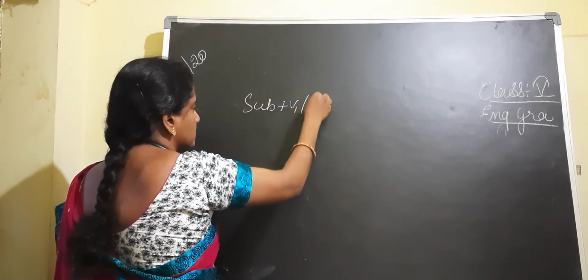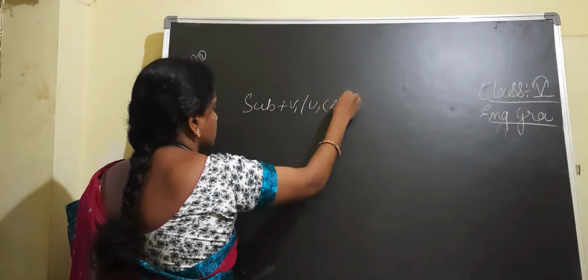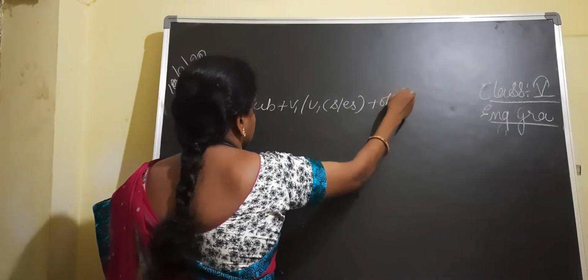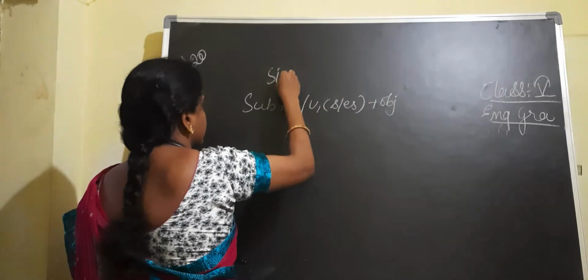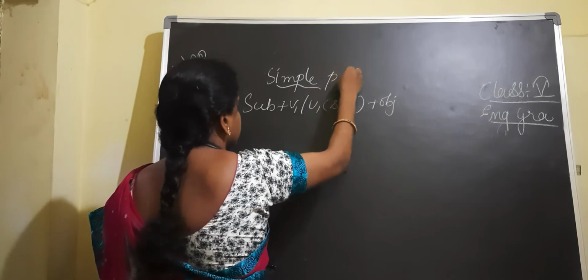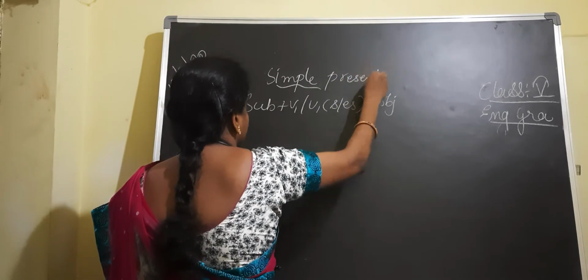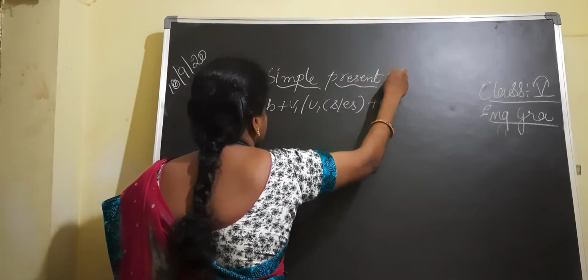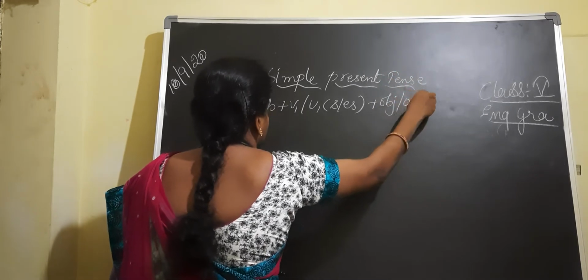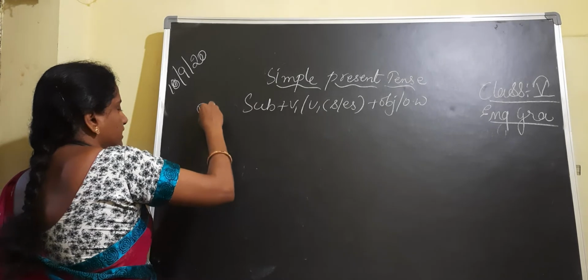This is the structure for the positive statements. Now today we are concluding the topic simple present tense, WH or H word questions. That's why I am revising once in this session. Object or other words. This is the positive statement, Nana.